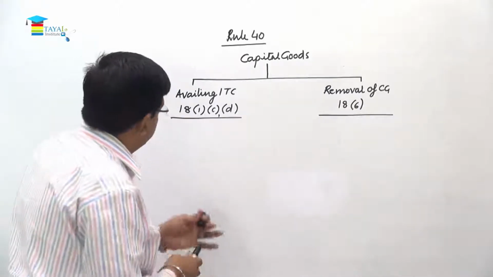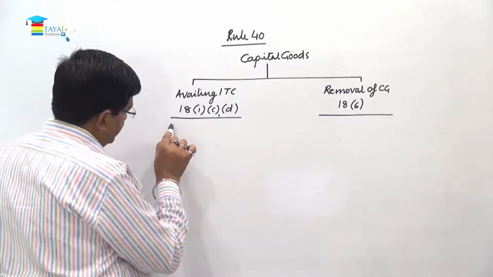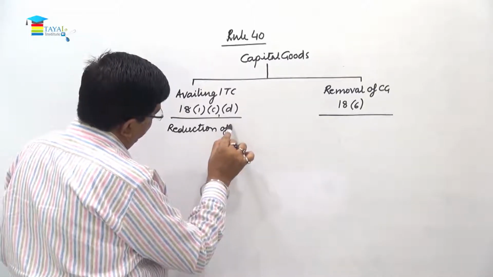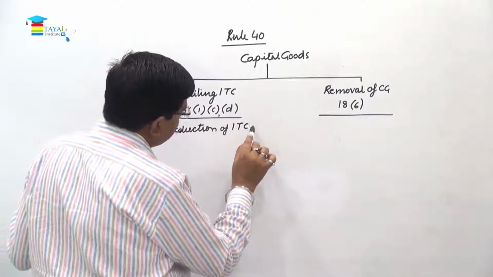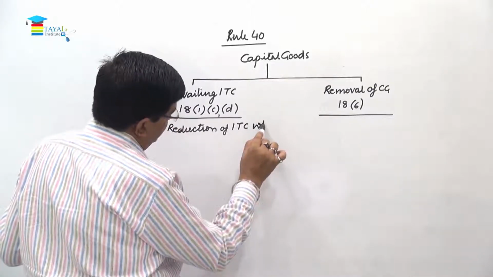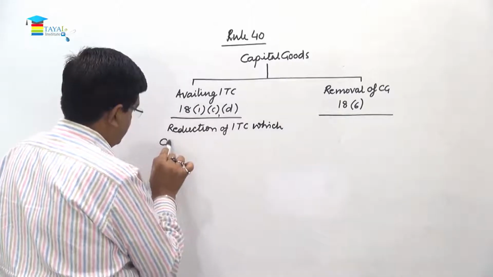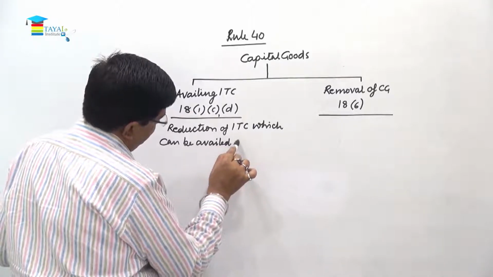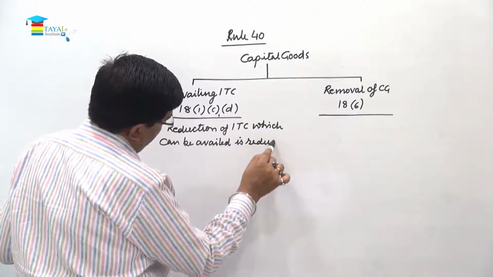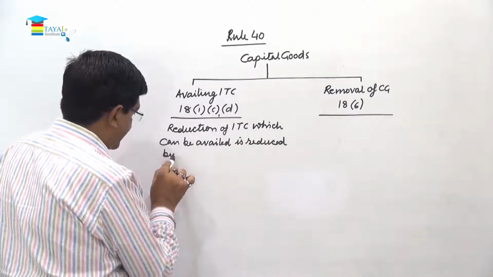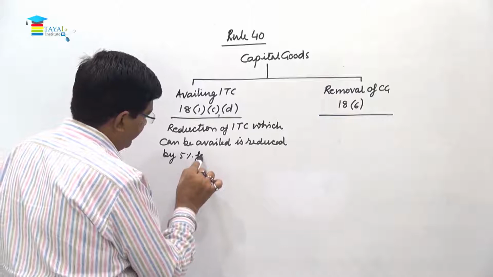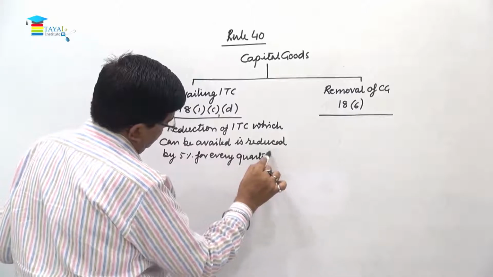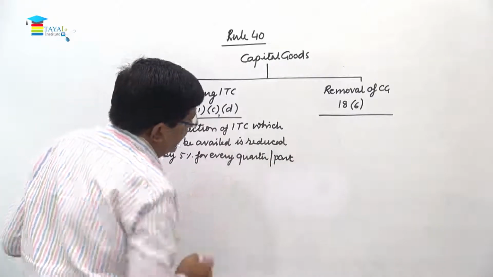In either situation, the input tax credit which can be availed is reduced by 5% for every quarter or part.